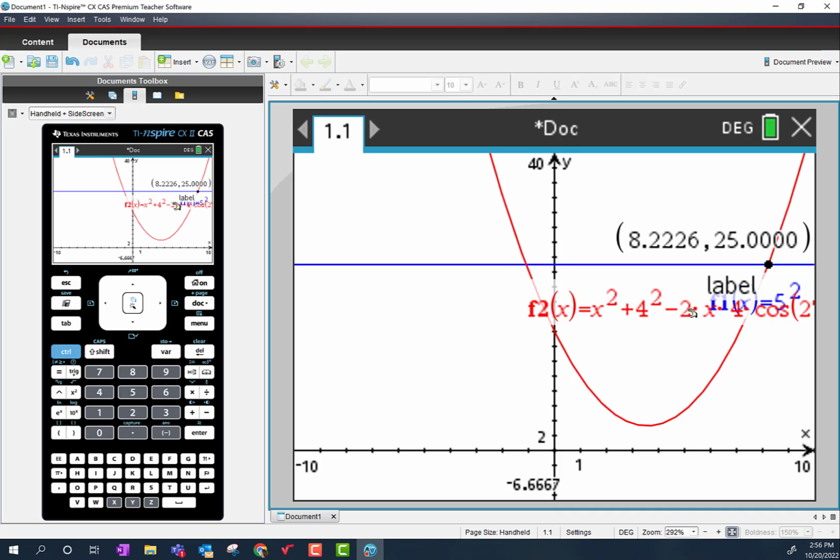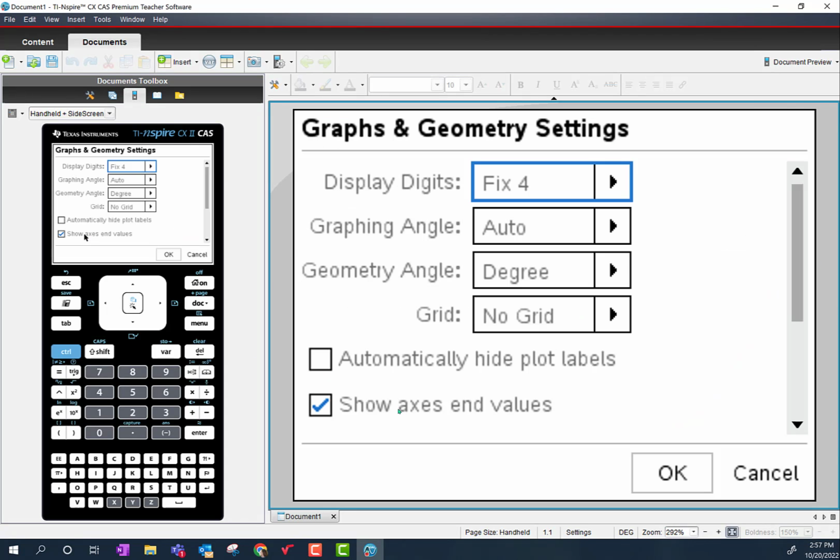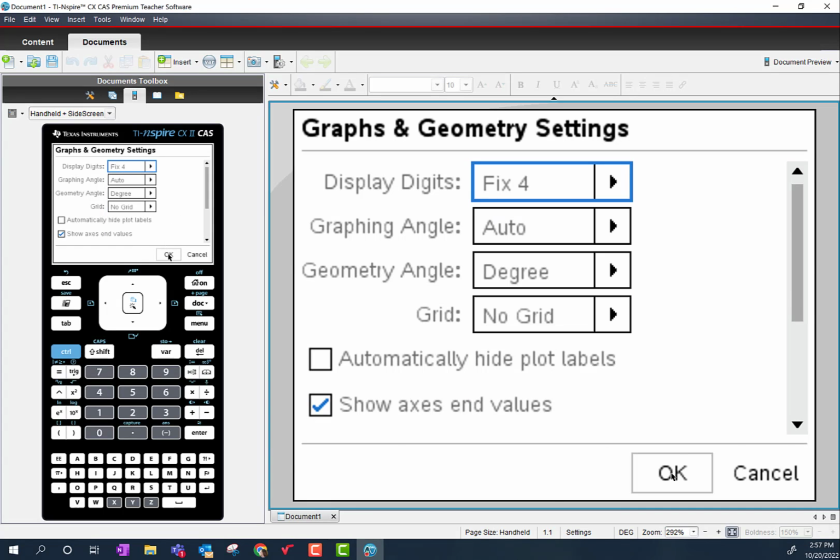To fix this, you go to the menu while you're in the grapher, you go to settings. You want this display digit to say fixed 4. It's all the way down underneath all the floating things. Make it fixed 4, and OK.